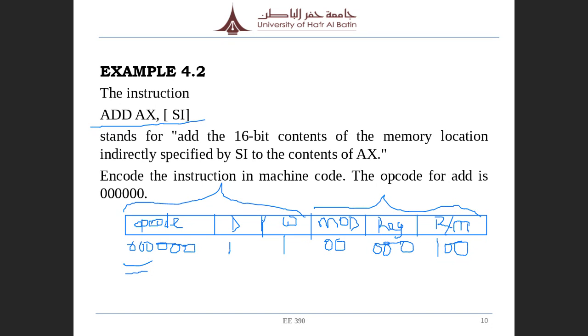So it is in binary, or we can write it in hexa as 04H. So that means the machine code for this instruction, ADD AX, [SI], is 0304H. Is that clear?